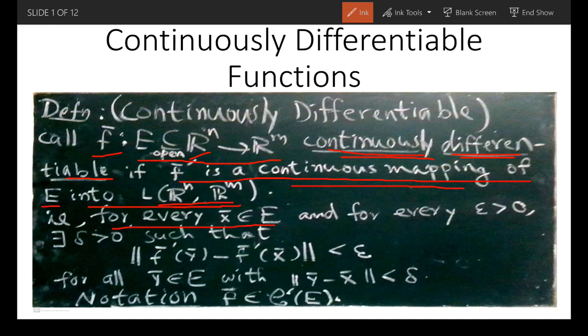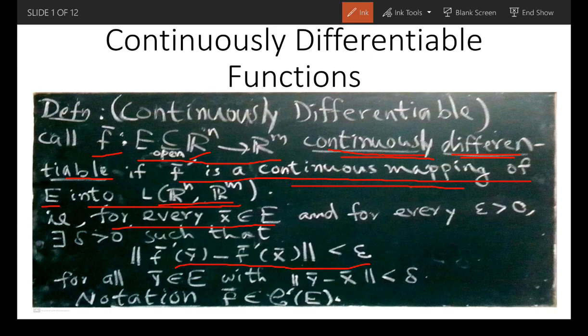Whenever the points are closer, corresponding images also must be closer. അങ്ങനെയാണ് നമ്മൾ continuity പറയാം. So നമ്മൾ എപ്സിലോൺ ഡെൽറ്റ ഡെഫിനിഷൻ ആണ് യൂസ് ചെയ്യുക ഈ ക്ലോസ്ഡ്നെസ് പറയാൻ. So images must be as close as you want.